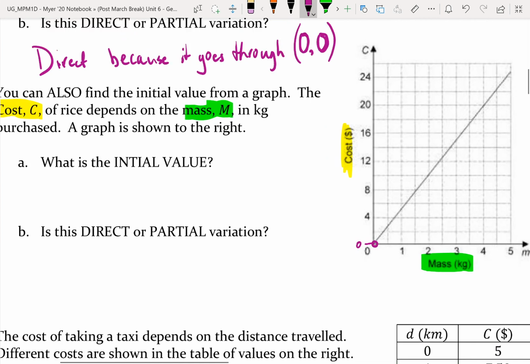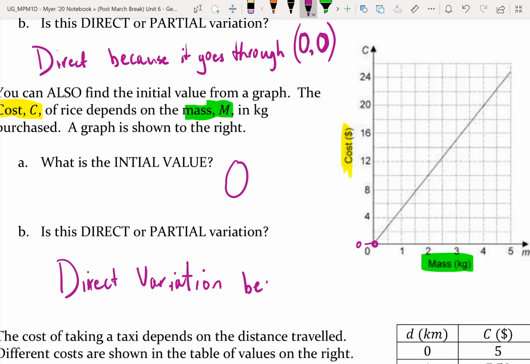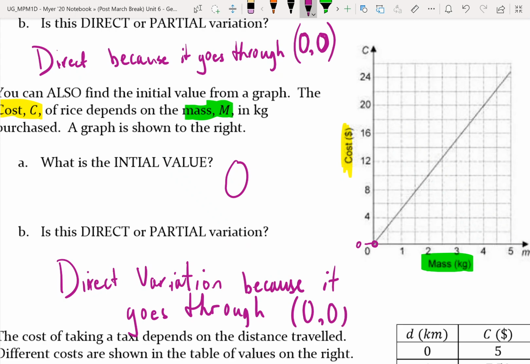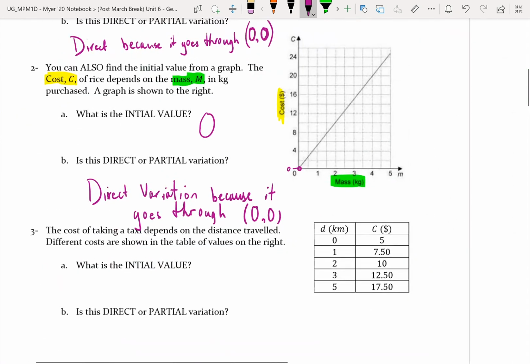So y is equal to 0. So the initial value is 0. Is this direct or partial variation? Well, we can tell it's going through 0, 0. So again, it is direct. If it goes through 0, 0, it's direct, and our initial value is 0.